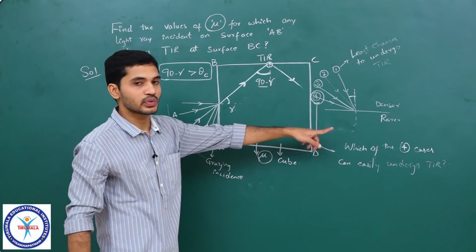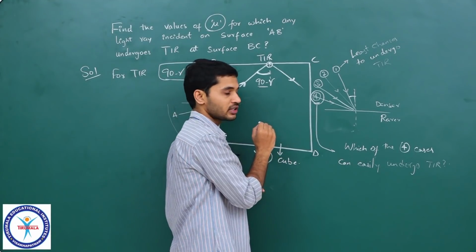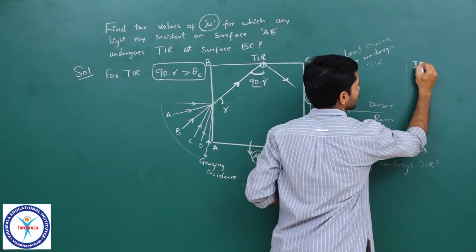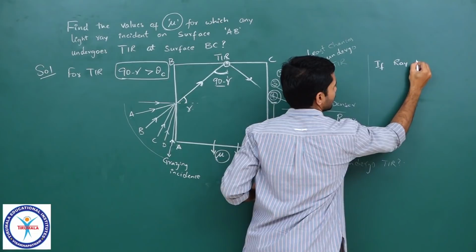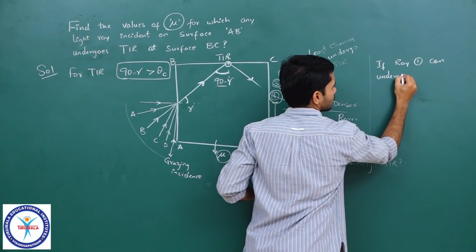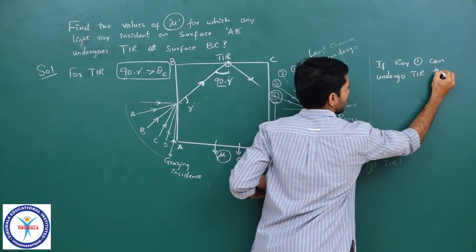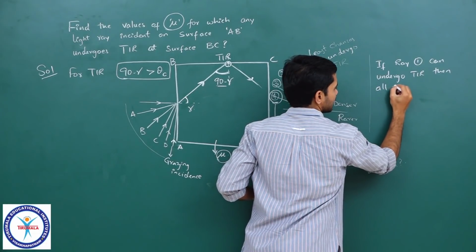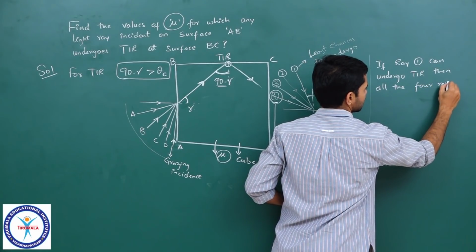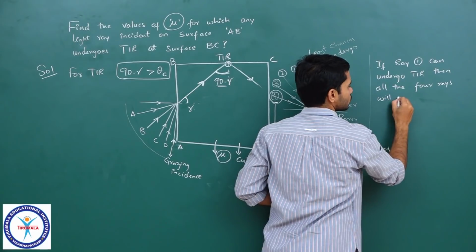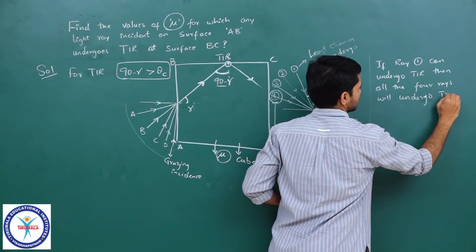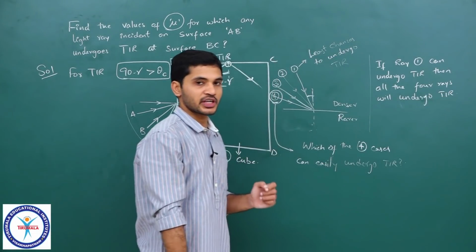I'll maybe once again tell you with this particular example, please look carefully here. In this particular case, can I say if ray 1 can undergo TIR, then all the 4 rays will undergo TIR. Is this statement clear?